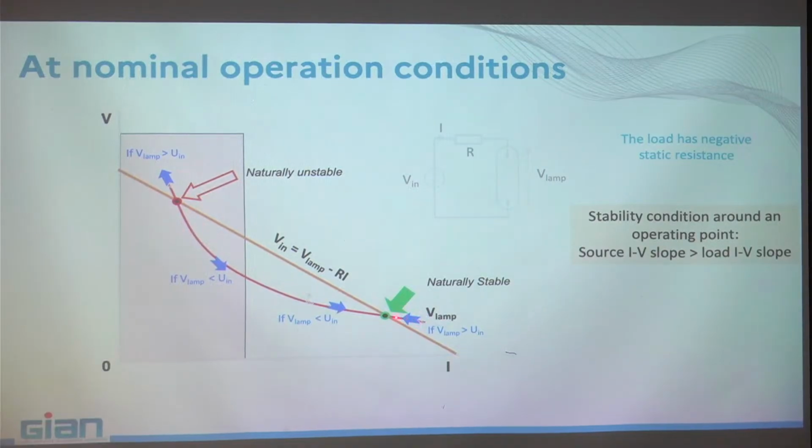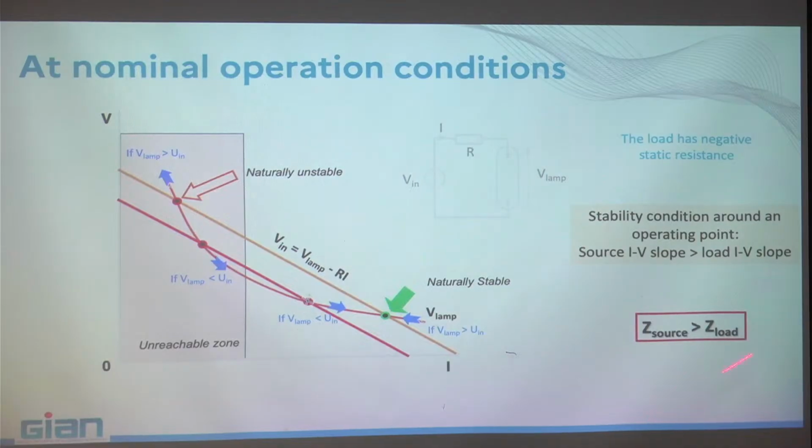Between that and that, you can converge here, but the opposite, if you are above that point, can be very dangerous for the lamp and you. Okay? And that means that the impedance of the source should always be higher than the impedance of the load if you want to keep your system in stable conditions.